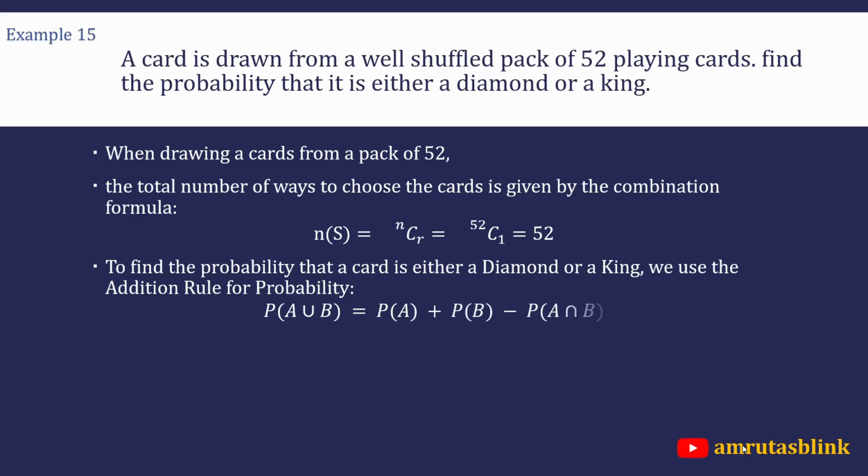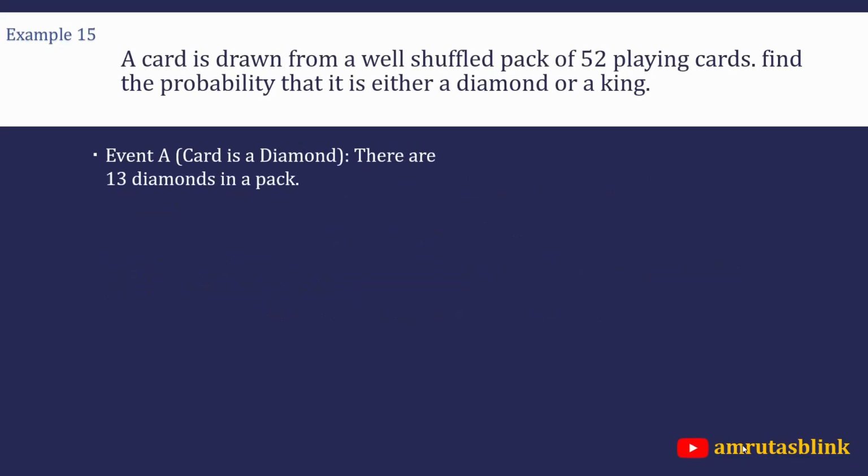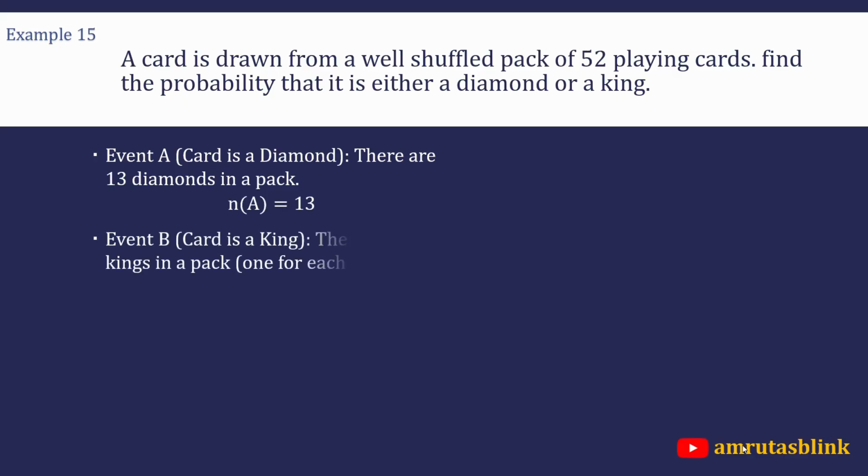So we have to use this addition theorem, that is, probability of A union B is equal to probability of A plus probability of B minus probability of A intersection B. Now which is event A? Let's say event A is that the card is a diamond. How many diamonds are there? 13. Hence n of A is equal to 13. And what is event B? Event B is that the particular card is a king.